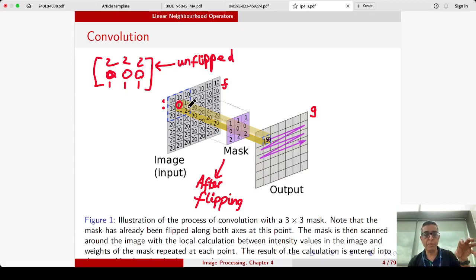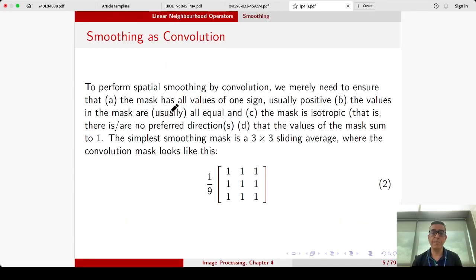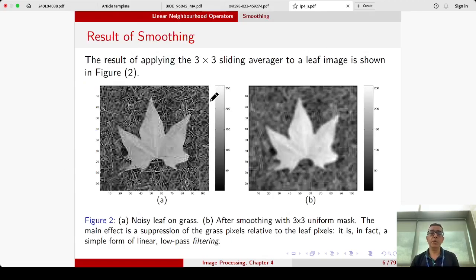Then when I move the mask to the next location and repeat that process, again, if all the mask elements had a value of 1/9, I'd be effectively performing a local average over a 3x3 region of the intensities in the image. And that would be the output. So the output would be a smoothed version of image intensities from the original image.